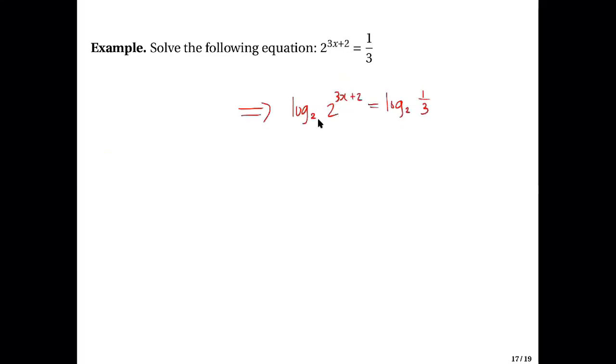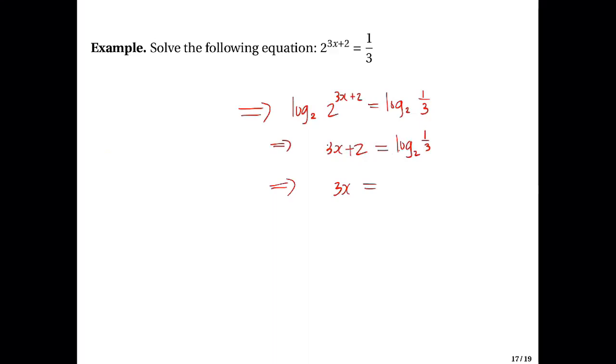And then in this part here, the left-hand side now can be written as 3x plus 2. Of course, you can simplify this if you want, but let us just write this as is. So log of 1/3 base 2. Then we solve for x. We have 3x, and as before, I will write the 2 before the log.